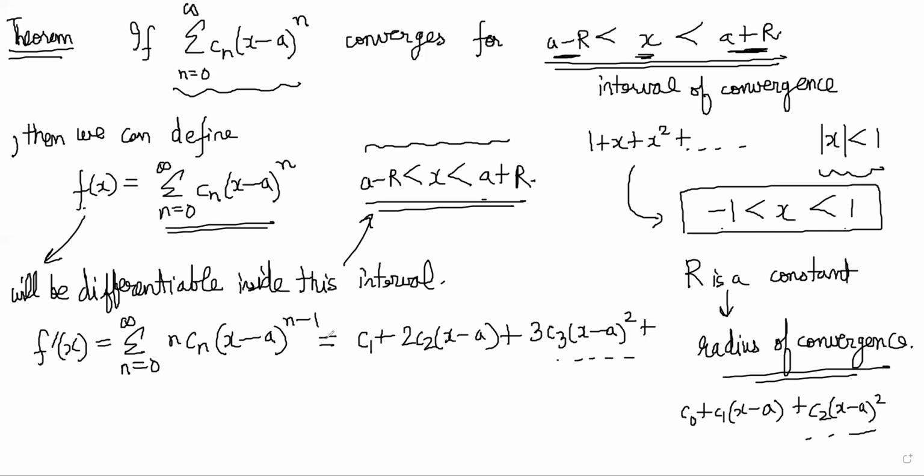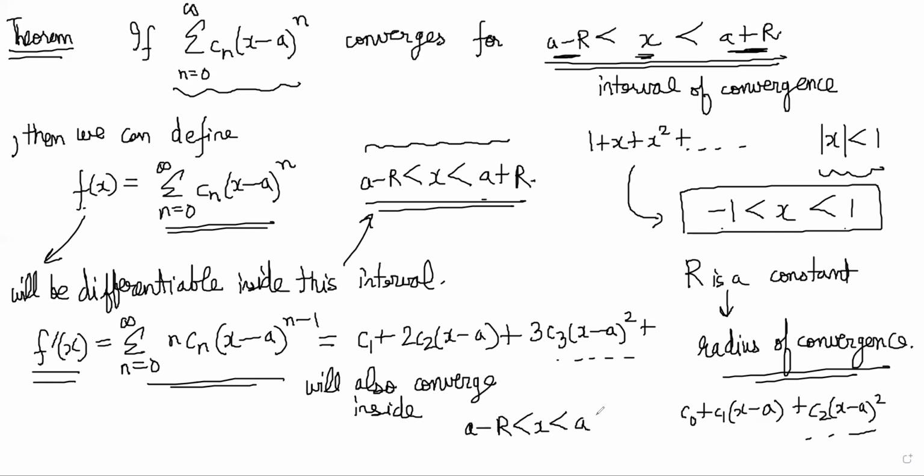So this is the differentiated function, and this is also a power series, and this power series will also converge inside the interval a minus r is less than x is less than a plus r. Now obviously this is a theorem that is saying that if one power series converges, then if you differentiate it, the next power series will also converge in that same interval, right? F dash x will also converge.